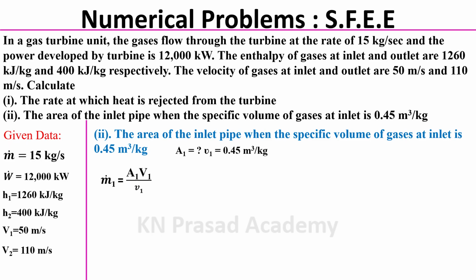And we know that mass flow rate at inlet M1 equal to A1 V1 divided by nu1. So we know the mass flow rate M1 equal to M2 equal to M, and velocity at inlet V1 value we know, nu1 also given in the data. So substitute all these values, we will get the A1 value as 0.135 meter square.